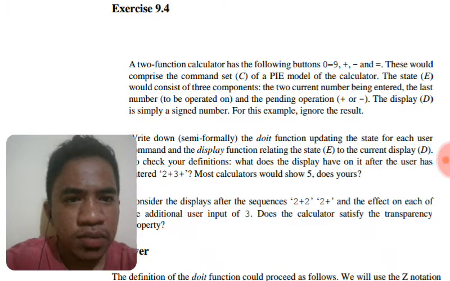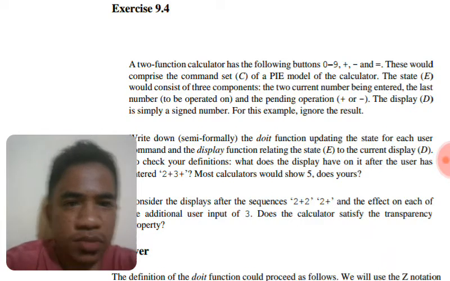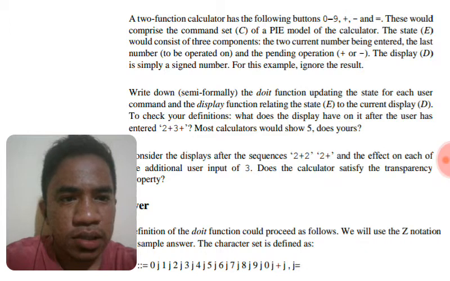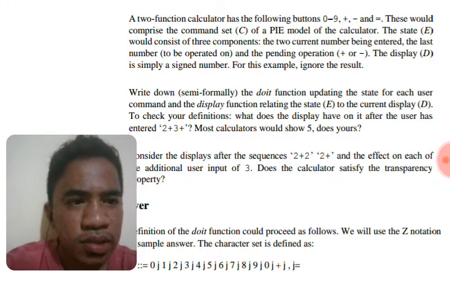The state E would consist of three components: the current number being entered, the last number to be operated on, and the pending operation, plus or minus. The display D is simply a number. For this example, ignore the result. Write down semi-formally the do function updating the state for each user command and the display function relative to the state to the current display D.